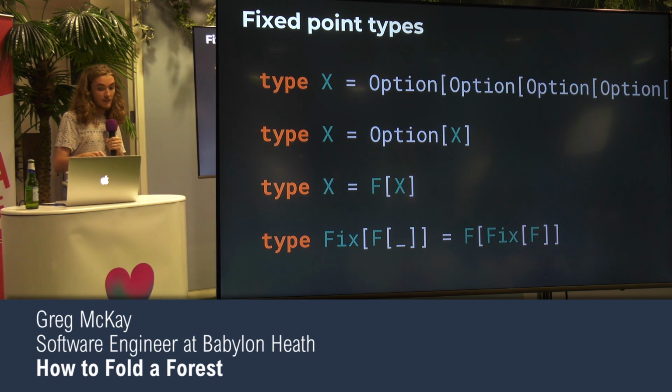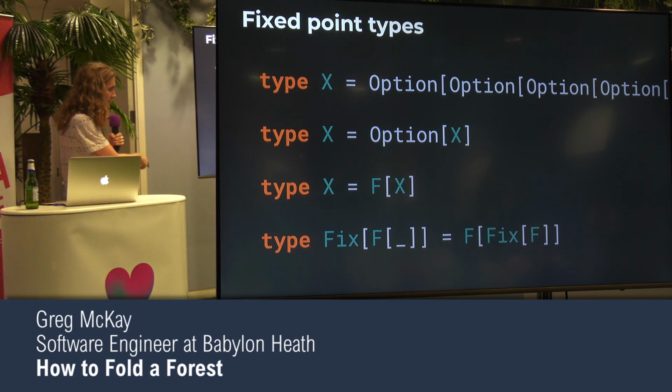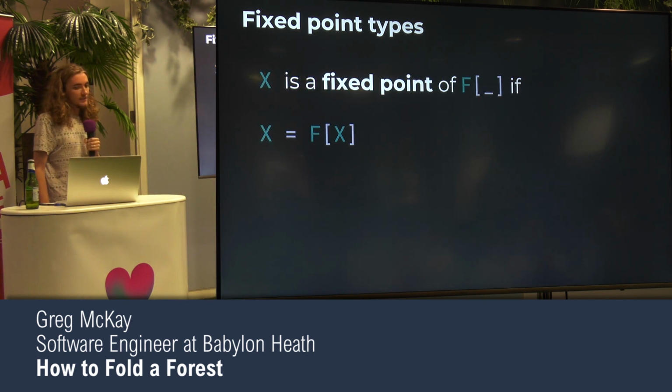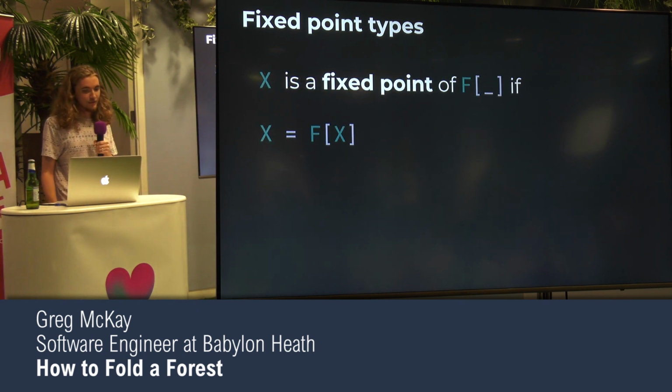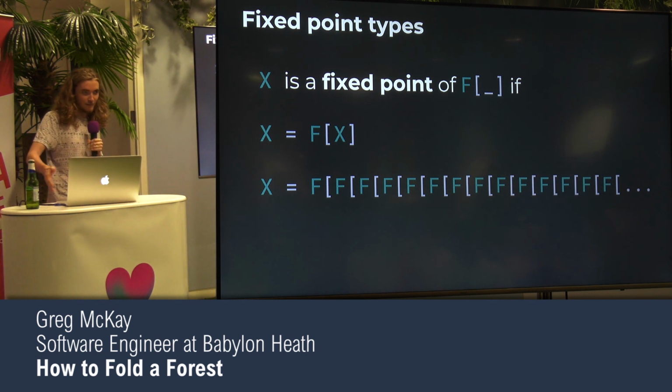So we have Fix of f is equal to f of Fix of f. And if you see, it's the same as the line above, but just with Fix in place of x. So we say that x is a fixed point of f if x is equal to f of x. And that means, recursively, that x is f of f of f of f.